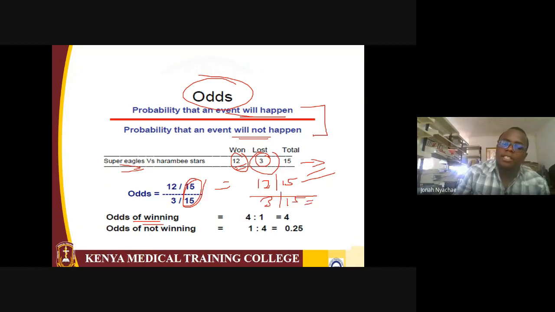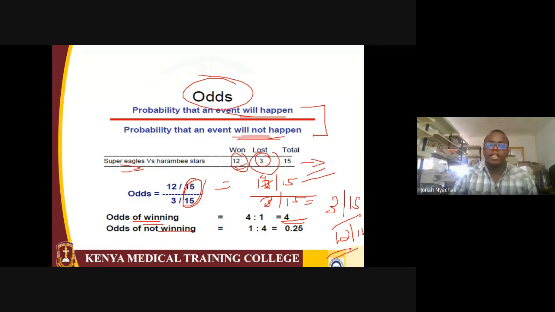So the odds of winning will be 4. And then the odds of not winning will be the inverse, because the probability of not winning is 3 over 15 and the probability of winning is 12 over 15. So the chances of not winning now becomes the numerator, and you find it will be 0.25. So that is the odds.